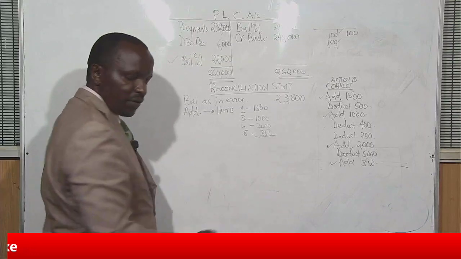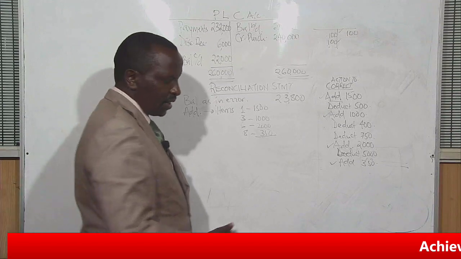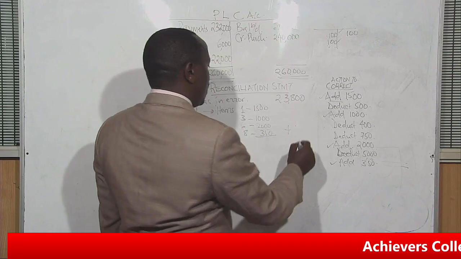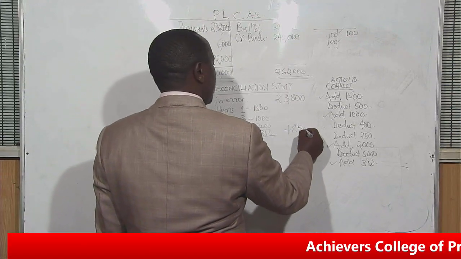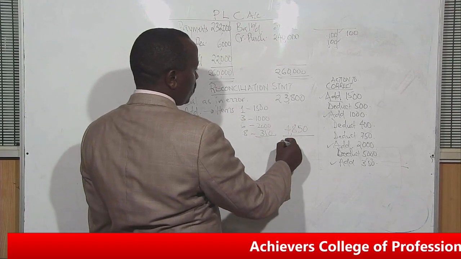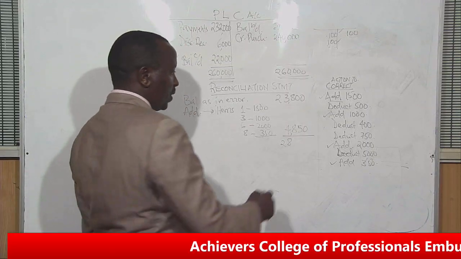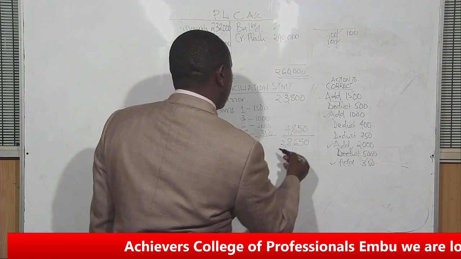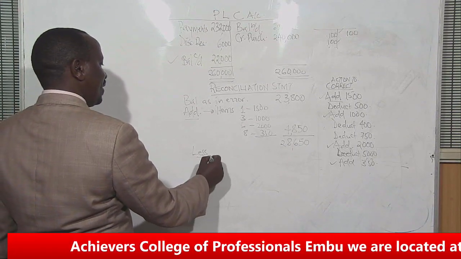If you add all this, it will give you a figure of 4,850. You add that, and you get 28,650.